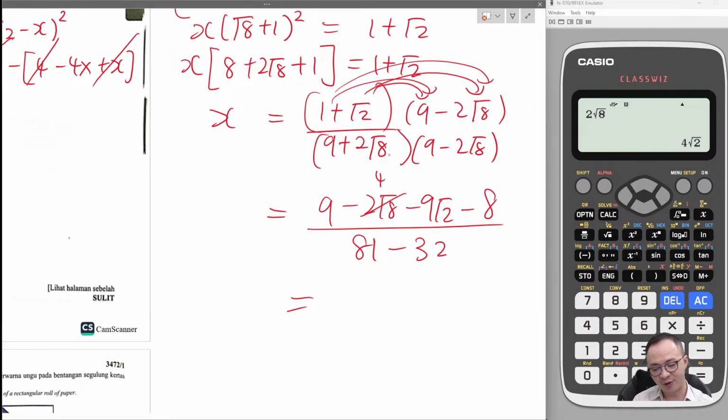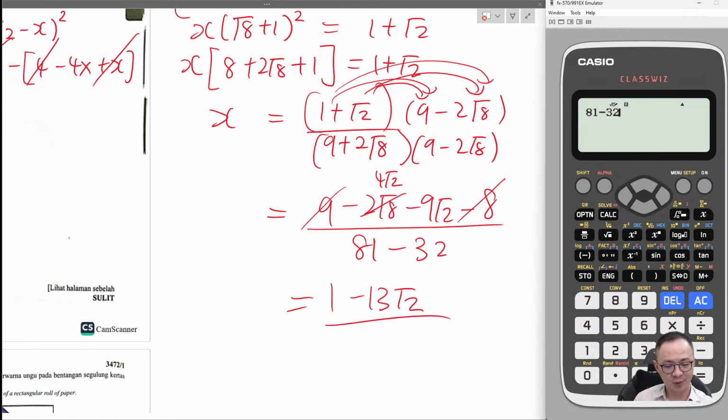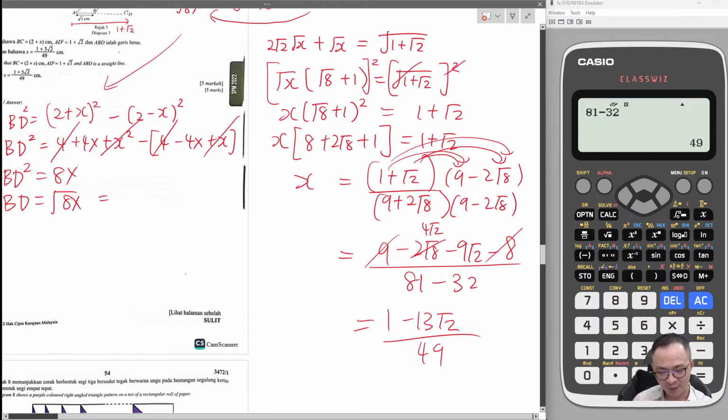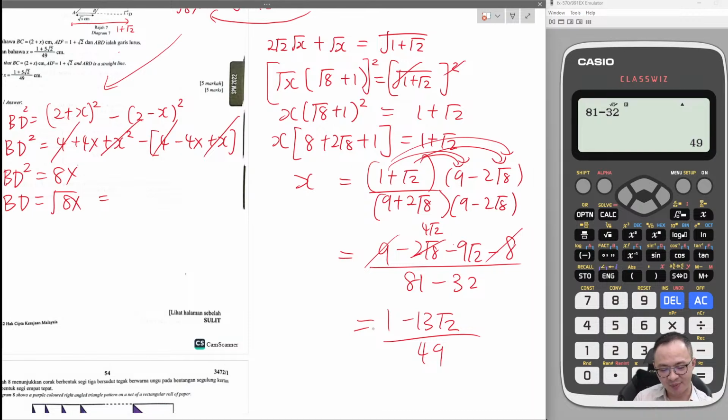Yeah, become 4 root 2. Okay, 9 minus 8 is 1. Minus 4 minus 9 is minus 13 root 2. Bottom should be 81 minus 32, 49, is it? 49. Is it the answer they want? No. Wait. Yeah, this is plus. My bad. Then this is 5. Yeah, this is the answer they want.